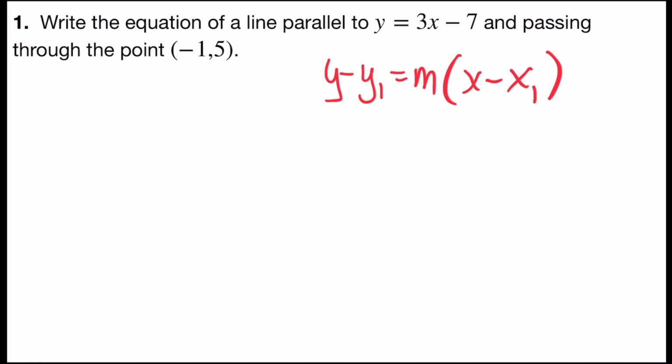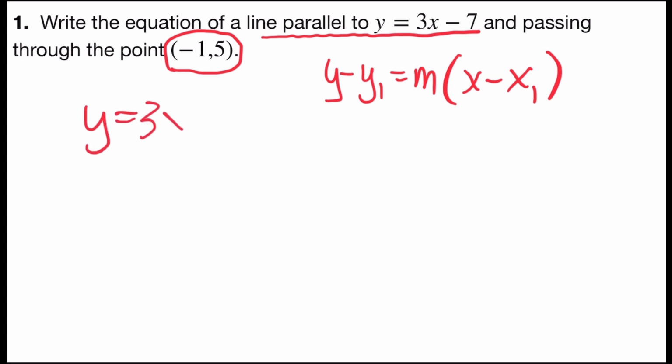of a line. The point is given in the problem as -1, 5, and we want to write the equation of a line parallel to the line y equals 3x minus 7. The line given, y equals 3x minus 7, is already in slope-intercept form, y equals mx plus b.